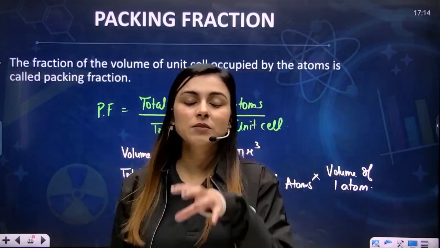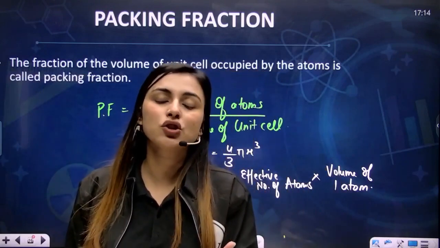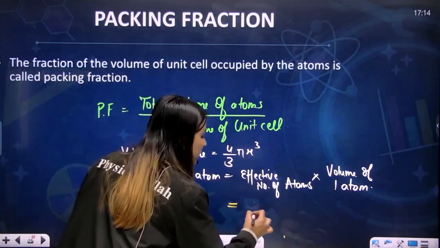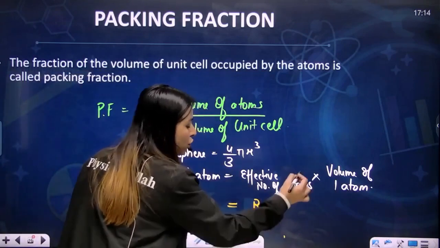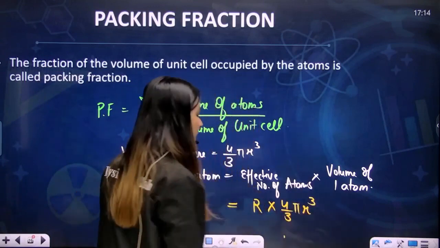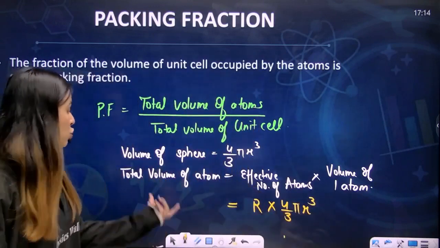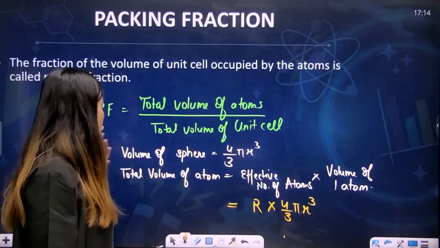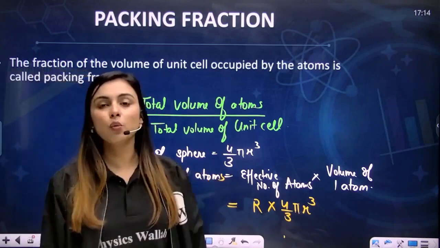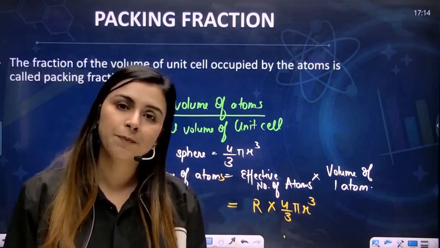The effective number of atoms present in a unit cell is actually the definition of rank. So the total volume of the atoms would be rank into the volume of one sphere atom, that is 4 by 3 pi r cube. This would be the total volume of the atoms present in a unit cell.